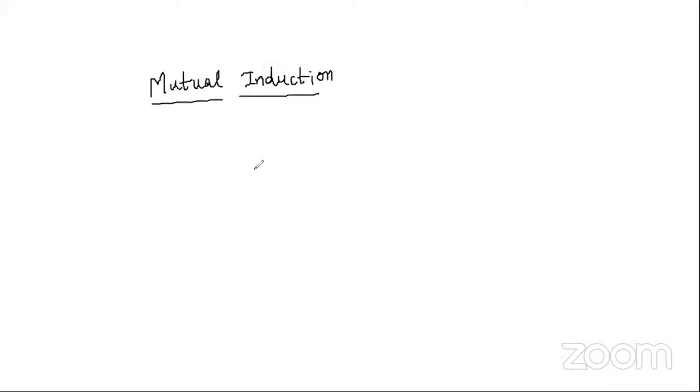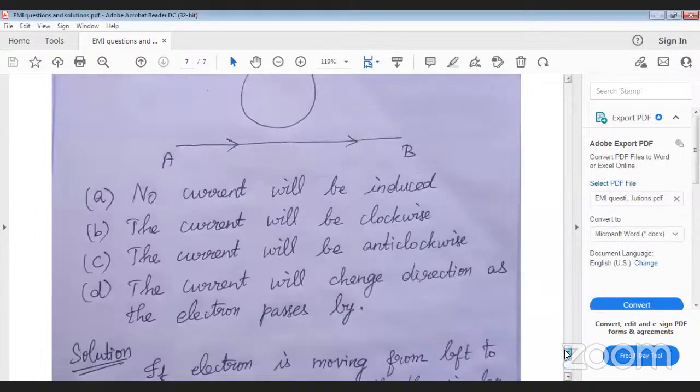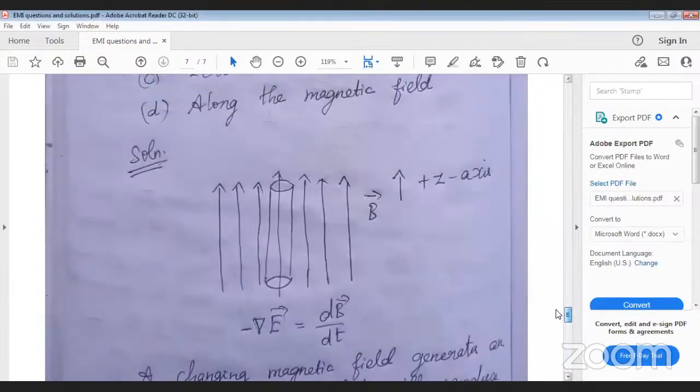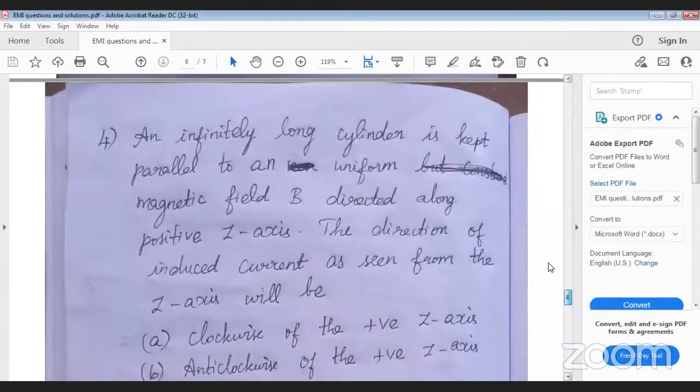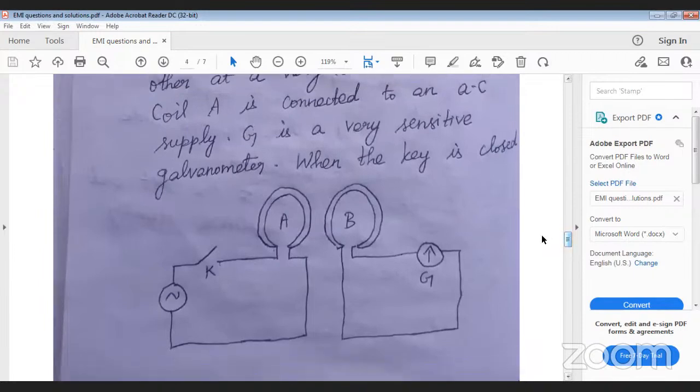Okay, just now we have discussed this in a numerical problem, I think. Let me show that again for you. Here you see, this is a coil.